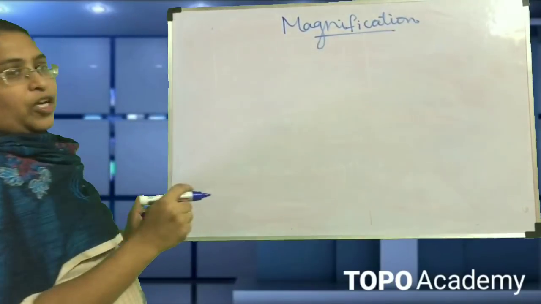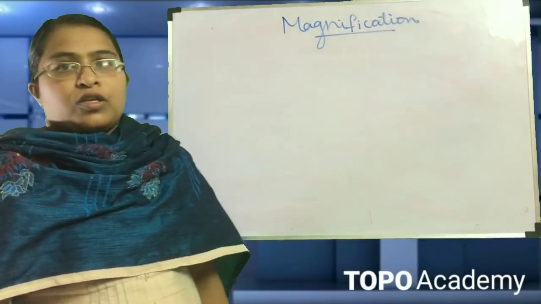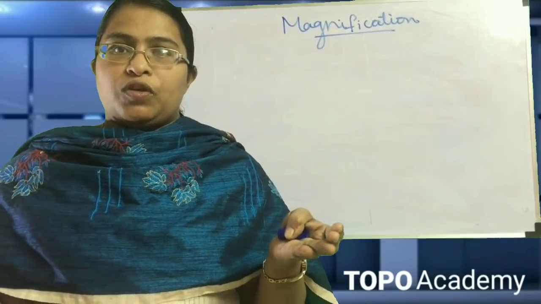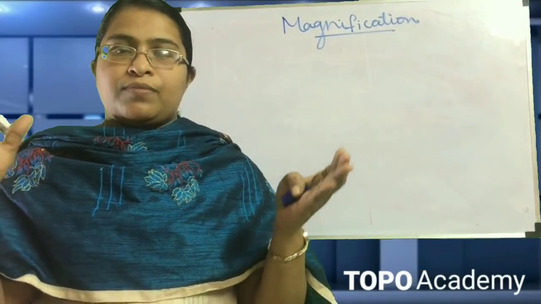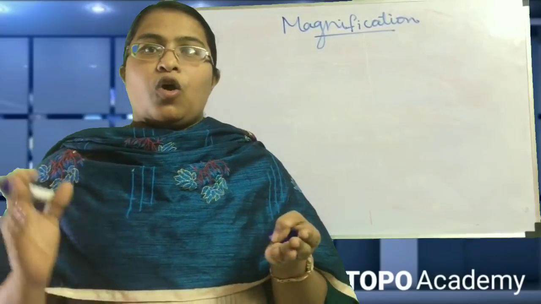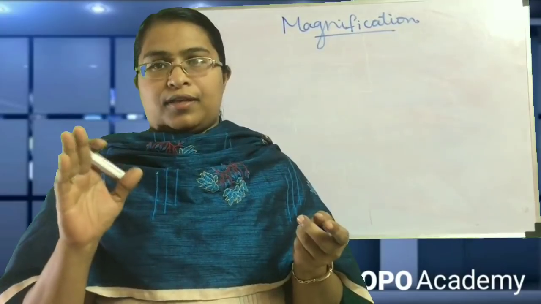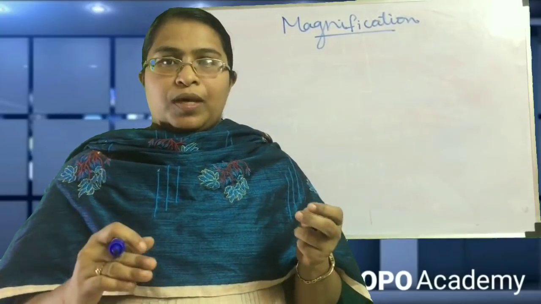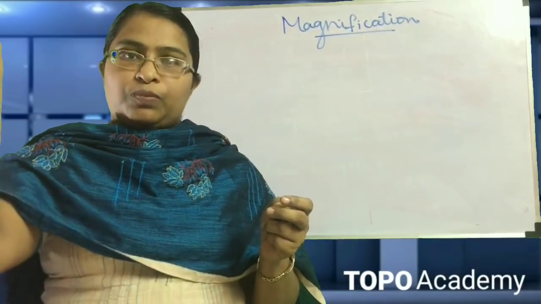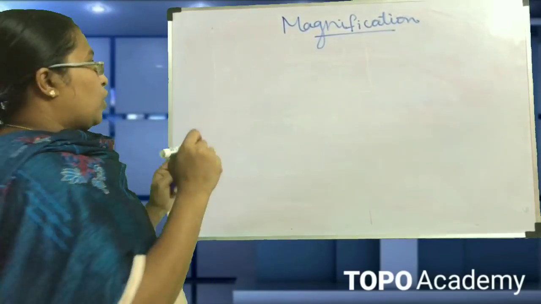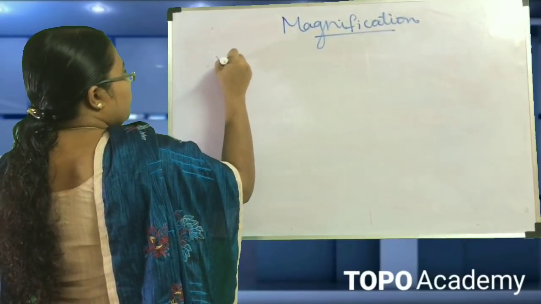Next is magnification. Sometimes the size of the image will be smaller than the object, sometimes it will be equal to the size of the object, or sometimes it will be greater than the size of the object. Three cases are there. So magnification means the size of the image with respect to the object.